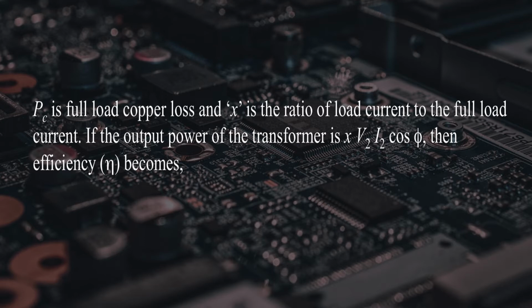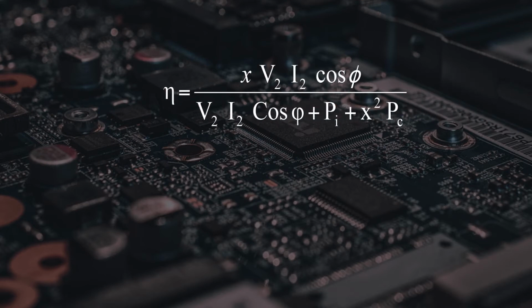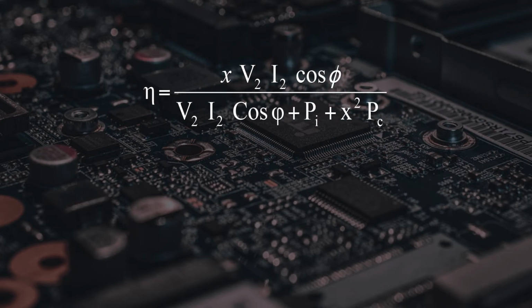If the output power of the transformer is x times V2 I2 cos phi, then the efficiency of the transformer can be written as efficiency is equal to x V2 I2 cos phi upon x V2 I2 cos phi plus Pi plus x square Pc.